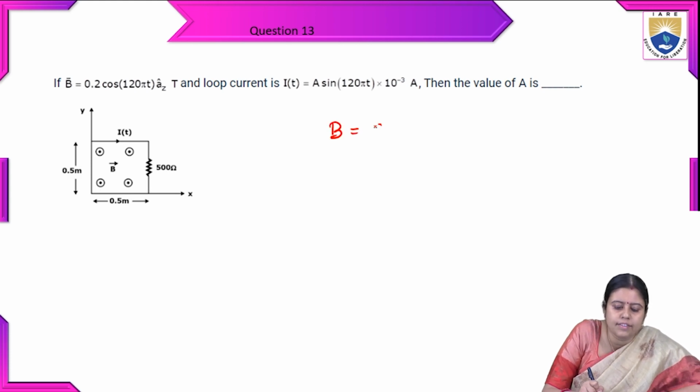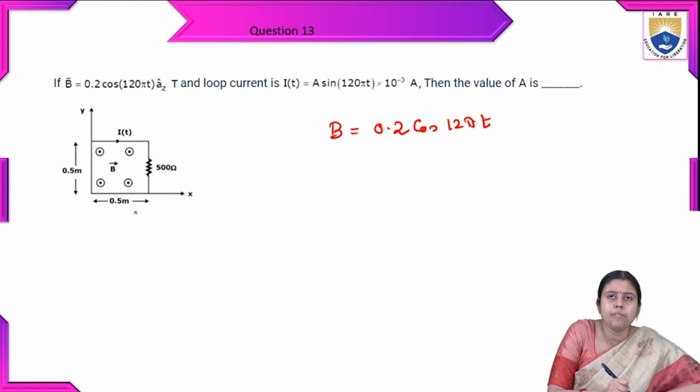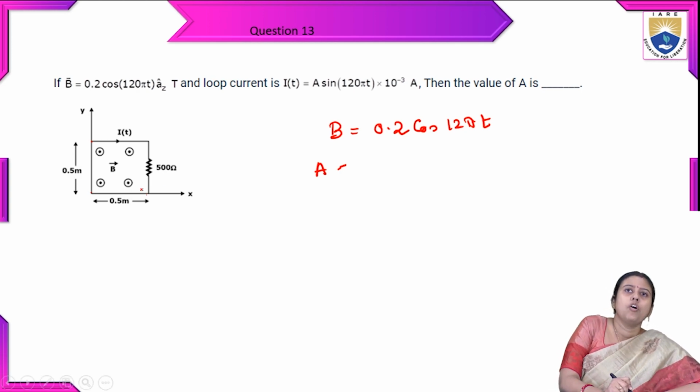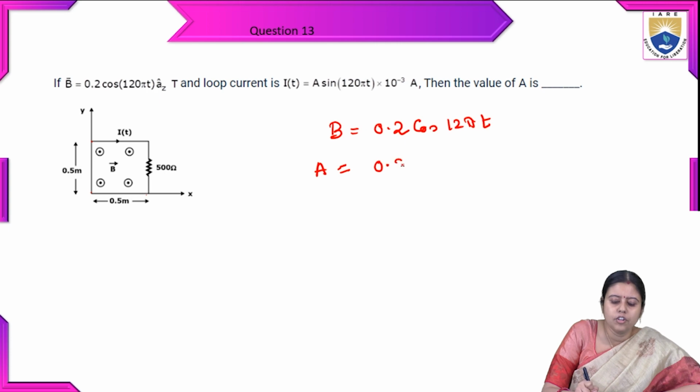B is given as 0.2 cos 120 pi t. This is a square loop. So what is the cross-sectional area? Cross-sectional area is 0.5 into 0.5, which means 0.25 square meters.